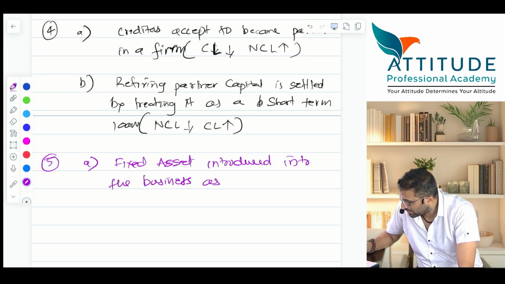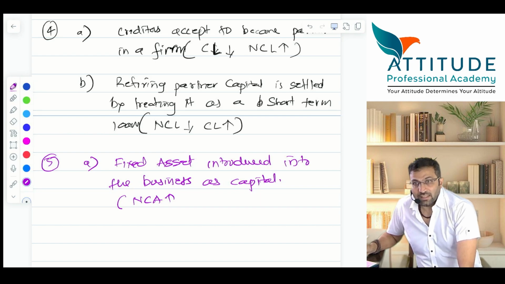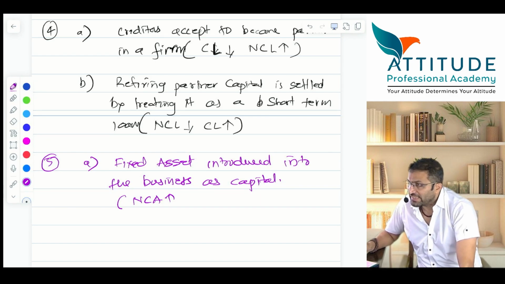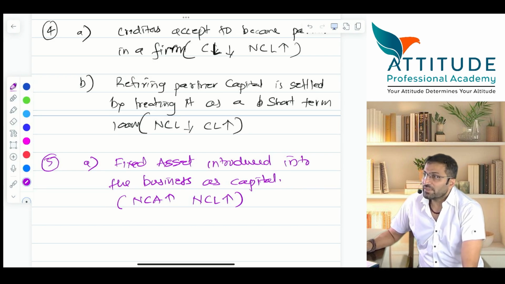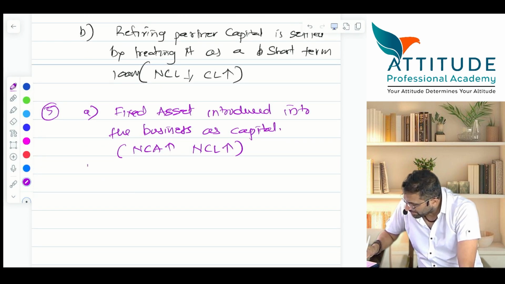Correct, that is right. What happens? NCA increases, fixed assets account debit. Please tell me the entry. All of you open them out. NCA account debit, that is fixed assets account debit, to NCL increases, capital account credit. Fixed assets account debit to capital account. Yes or no? Next, tell me.